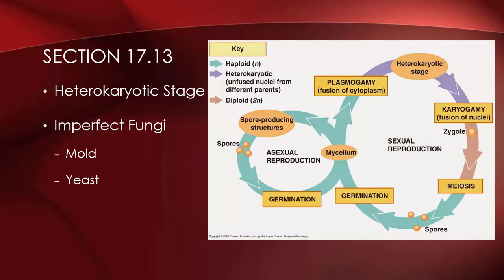The heterokaryotic stage is when you have two nuclei in the cells of that stage, but they're two nuclei from different parents, from the two different parents of sexual reproduction.